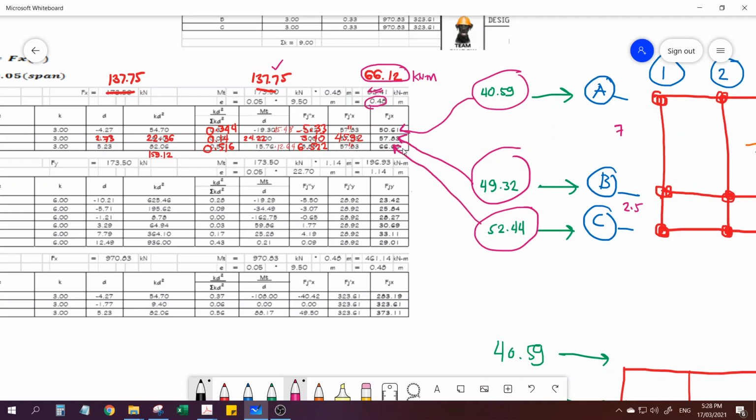Supposedly, if you sum these three, you will still come up with this.